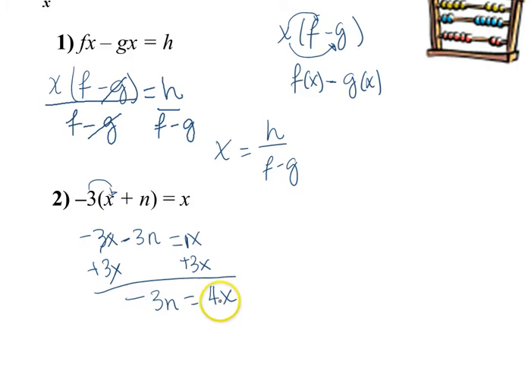And then since we want x by itself, we have to divide by 4. And x is equal to negative 3n divided by 4. Okay, pretty simple.